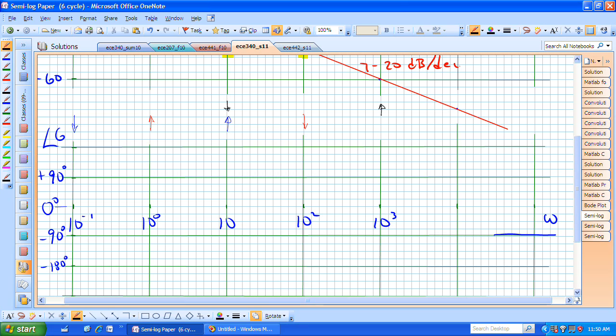Now I have this pole at 1 giving rise to a minus 90-degree change over those two decades of frequency change.